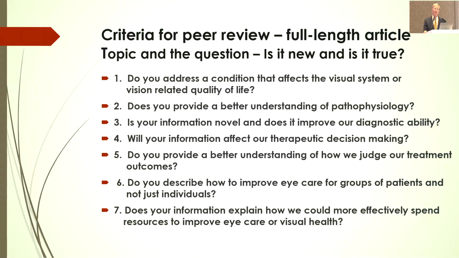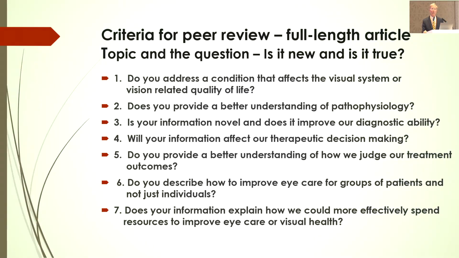Do you address a condition that affects the visual system or vision-related quality of life? Do you provide a better understanding of the pathophysiology? Is your information novel, or does it improve our diagnostic ability? Does your information contribute to our therapeutic decision-making?